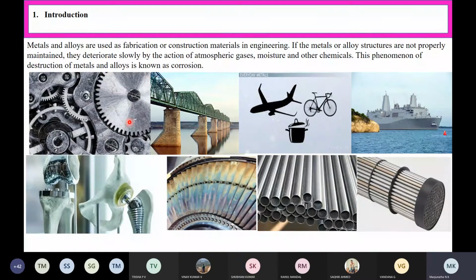There is a loss of metal, which takes place by the formation of an oxide layer.